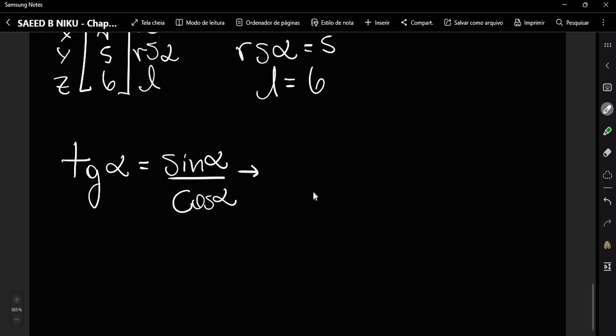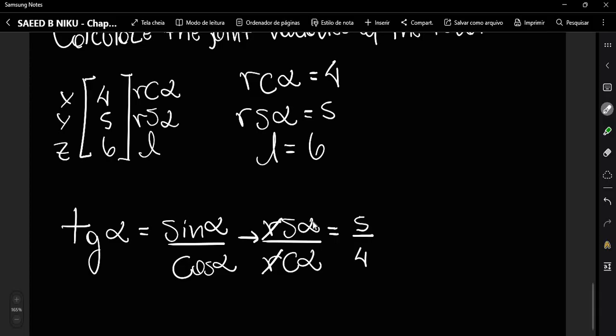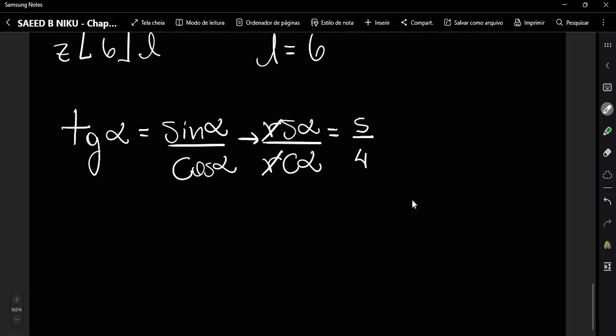Apply these components: R sine of alpha divided by R cosine of alpha, and we can eliminate the R, and we are left with 5 divided by 4. As I told you, now we use a different notation.